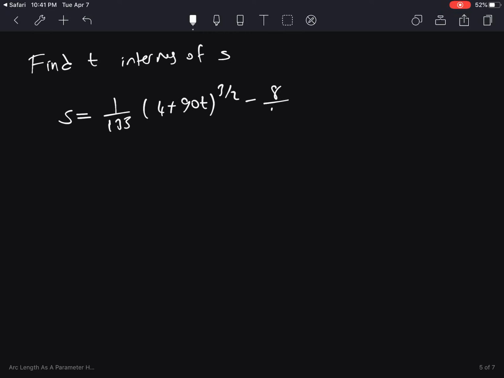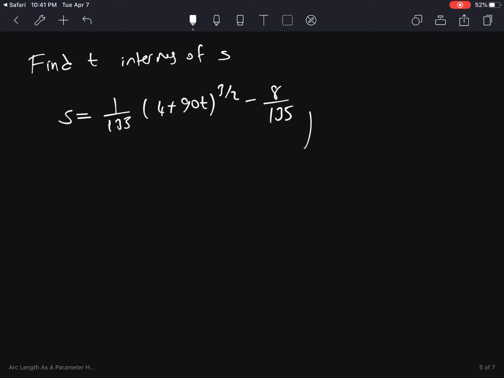So now we have found that, so let's write it. Find t in terms of s. Okay, so we have s equal to 1 over 135 times 4 plus 90t to the 3 over 2, minus 8 over 135.